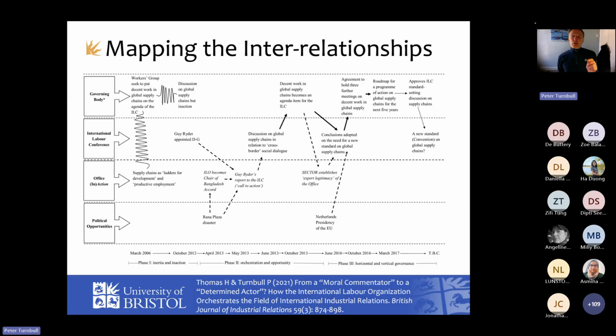So what mapping does, by drawing out the processes, is help us think about how things change over time. And it might make us think about how we have to explain how things work differently in different time periods, maybe with different director generals or different opportunities that come along that people can take advantage of.